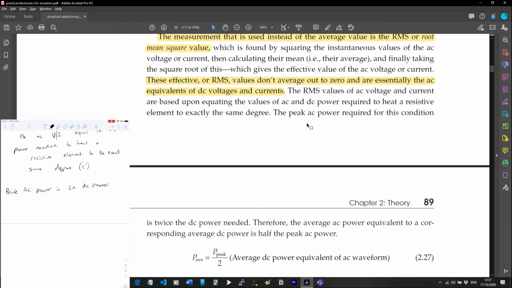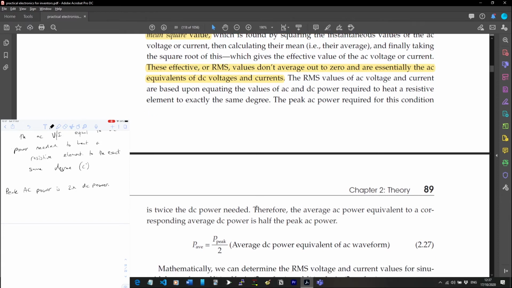The peak AC power required for this condition is twice the DC power needed. P equals VI. So let's say you had a 12-volt circuit with 1 amp. So you're saying 12 watts of power, saying that peak AC power required is double DC power. So let's say 24 watts.